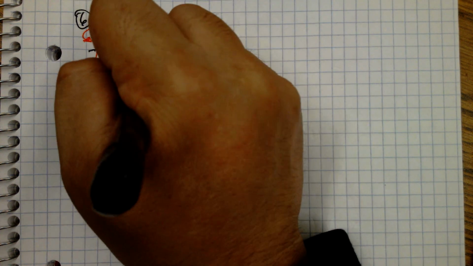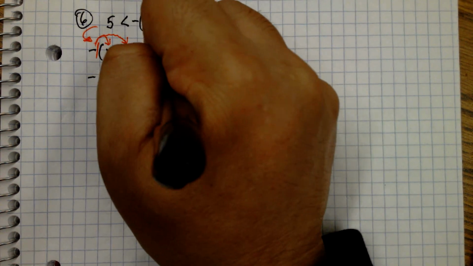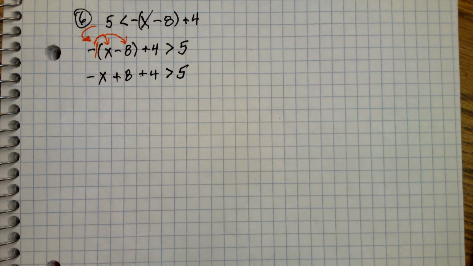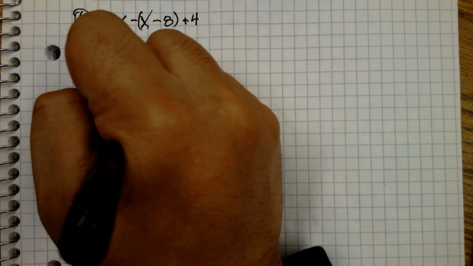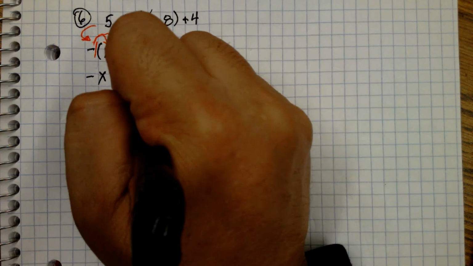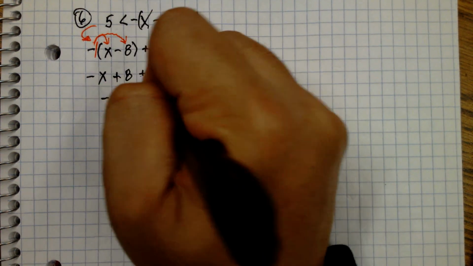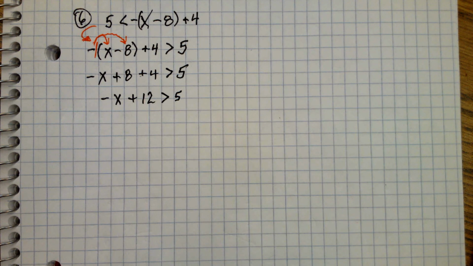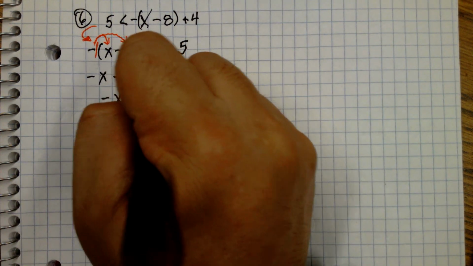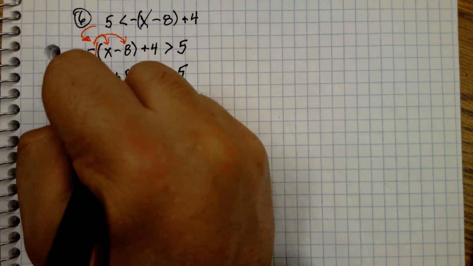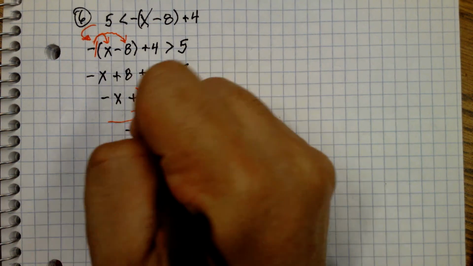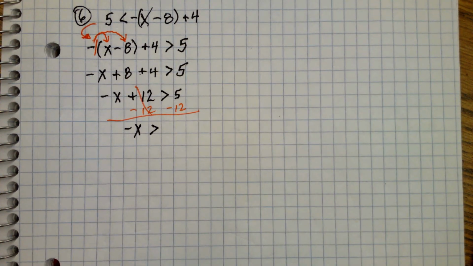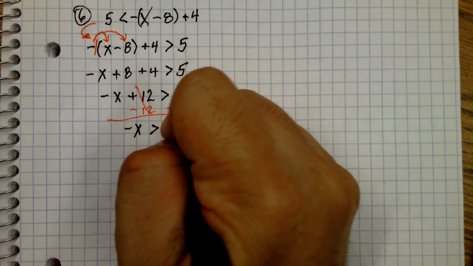Plus 8 plus 4 greater than 5. Okay, combine, you get negative x plus 12 is greater than 5. We'll get rid of 12, with negative 12. And that would give us what? Negative 7.